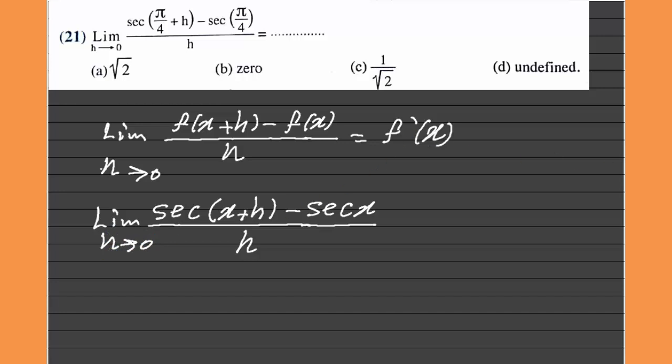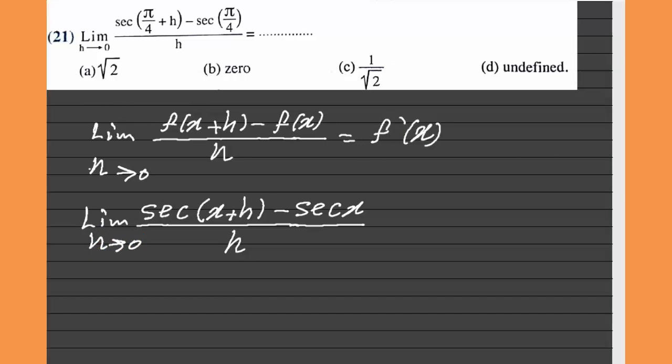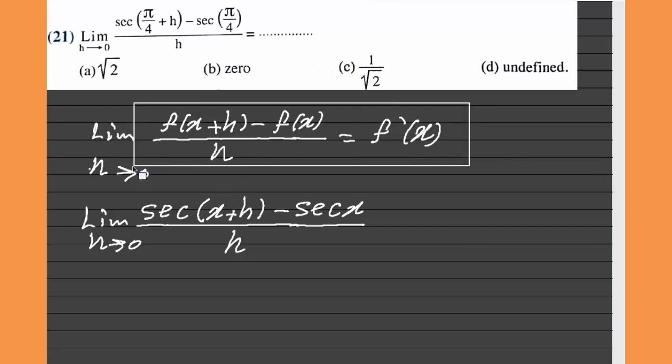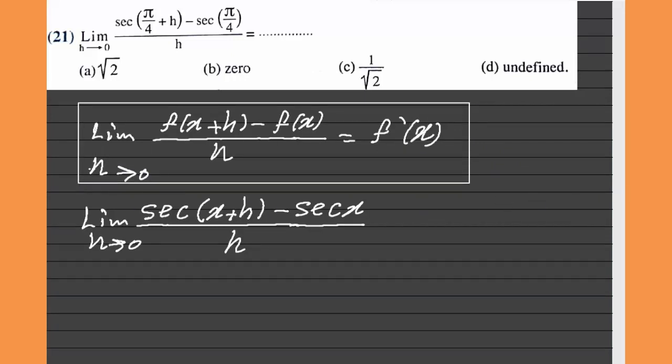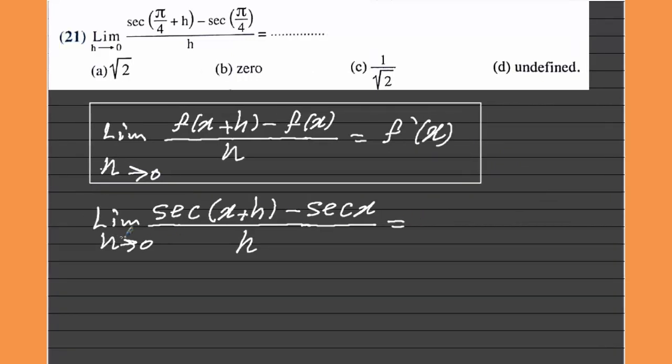And according to this rule, this equals d dx, the first derivative of the function, since f dash of x is d dx of f.